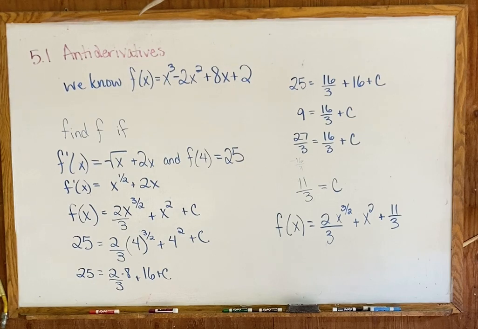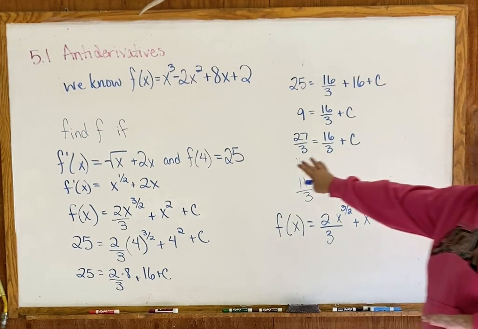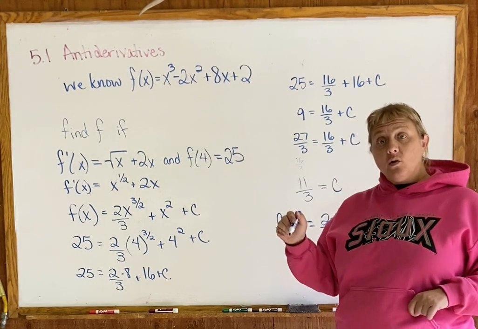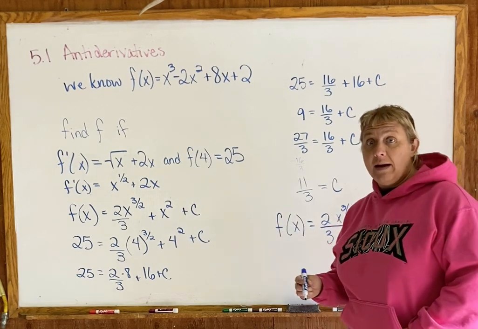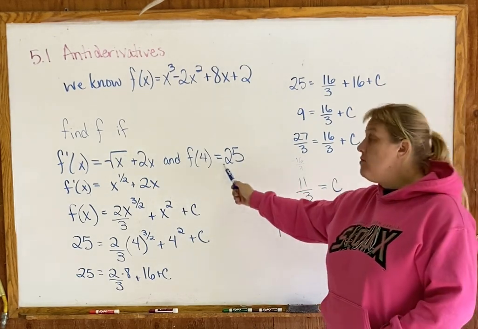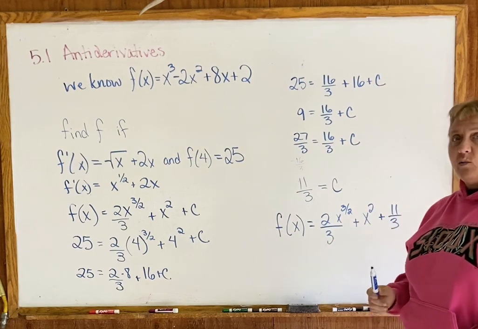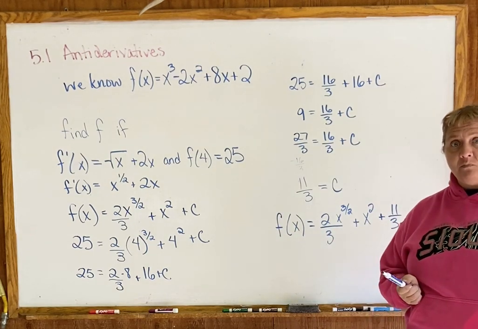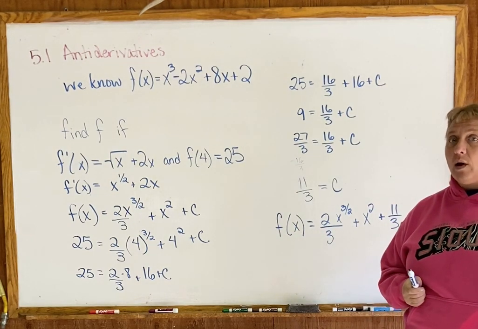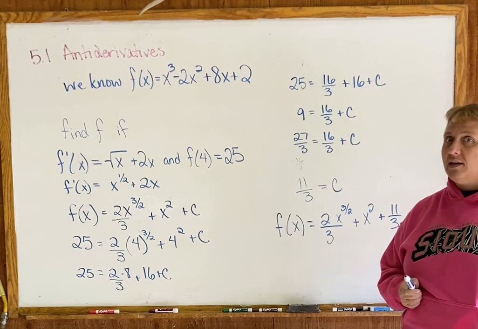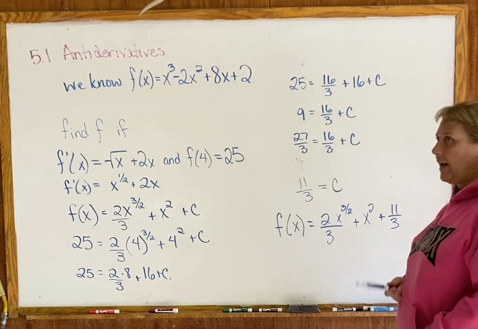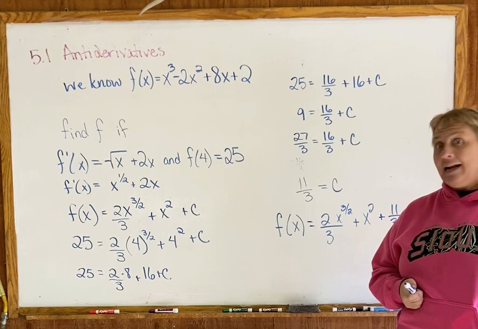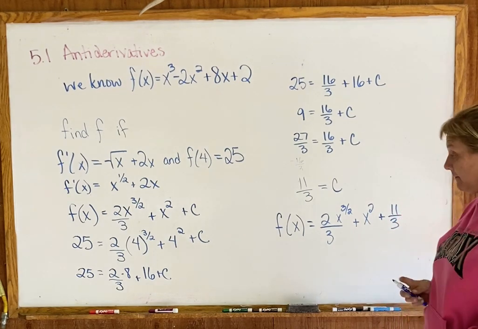So remember, if they don't give you this initial value or it's in integral form, you always have to follow it with that plus c. But if they give you this, you're going to figure out what c is and finish the problem. So now does it become clear where I missed a point on my test because they gave me an initial value and I still put plus c? Not smart. Blew it on that one.